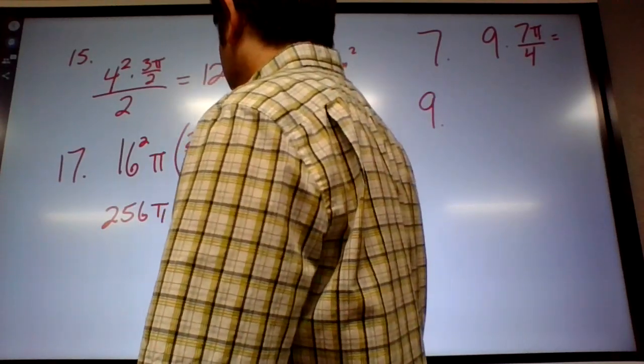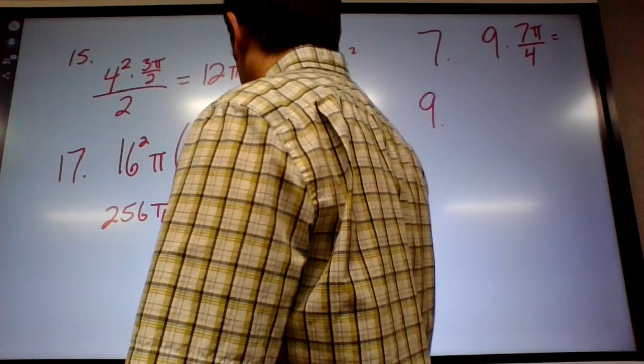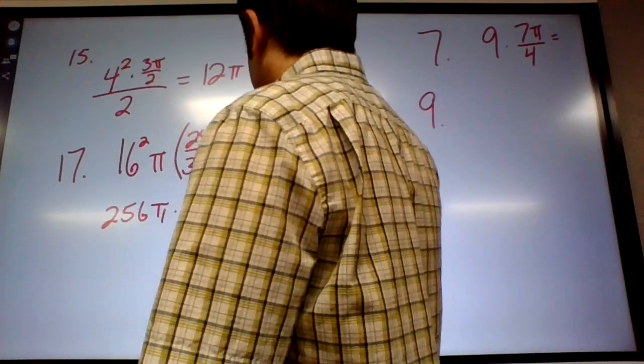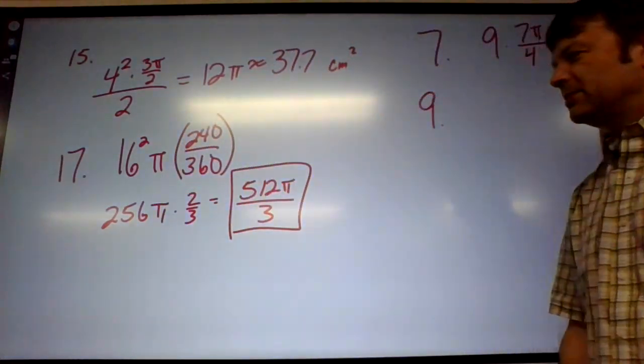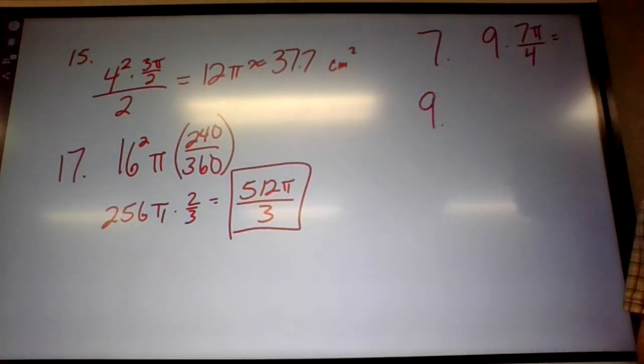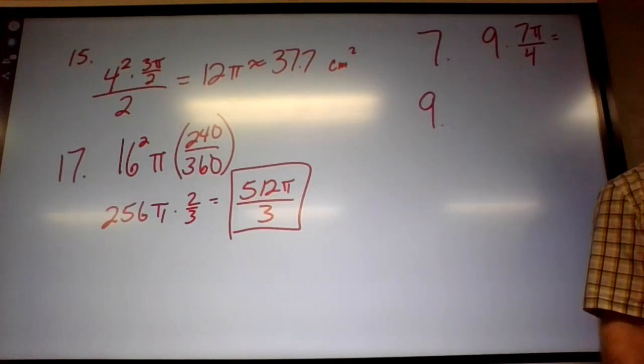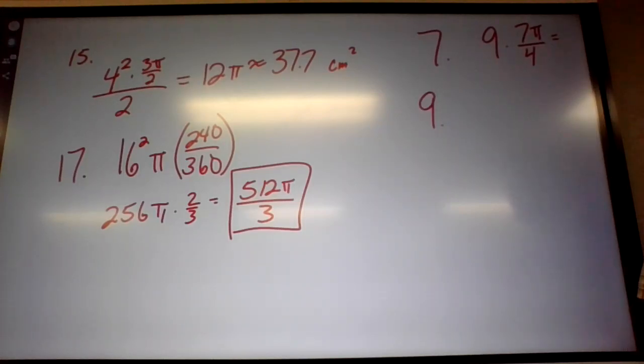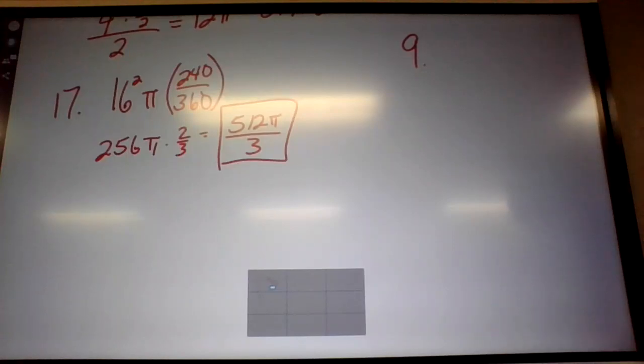This one doesn't come out nice. Well, we're leaving it as a fraction, so it's okay. Did your calculator handle it, or did it try to give you a decimal? It did it right.